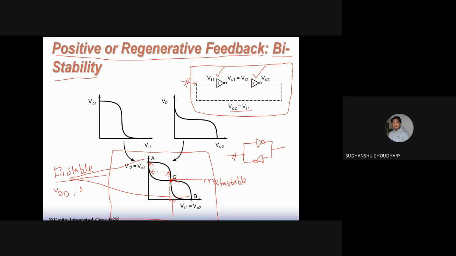If I bias it at this point, obviously the outputs will converge to point B. So it has two stable points only, or bistable. Even if you try to bias it at C, it is likely that finally the circuit will land up in either of the two stable points, that is A or B.